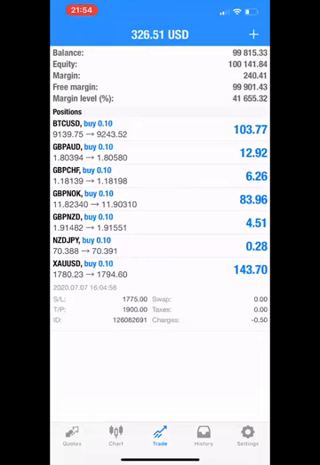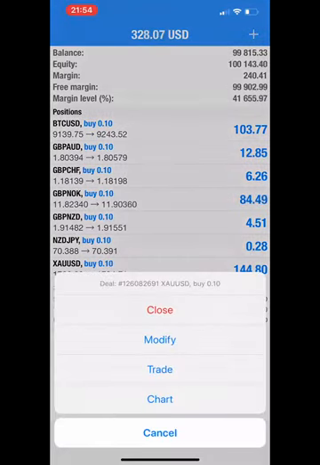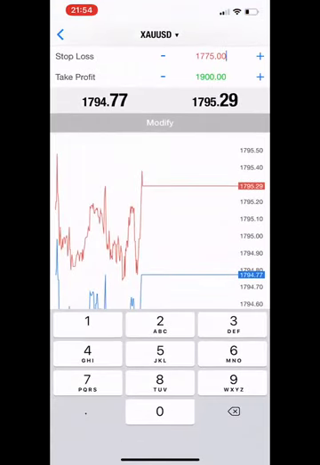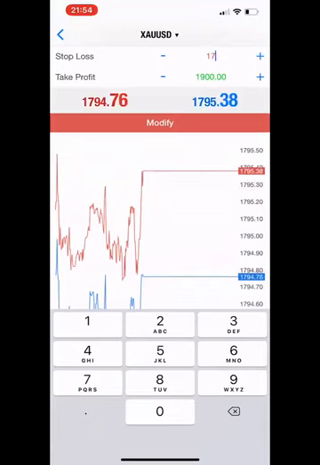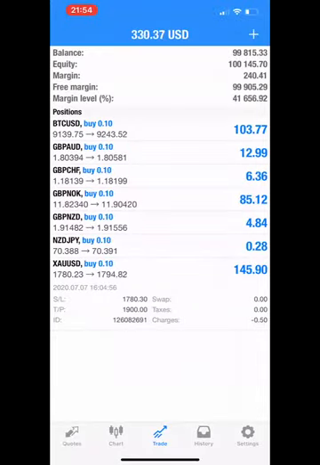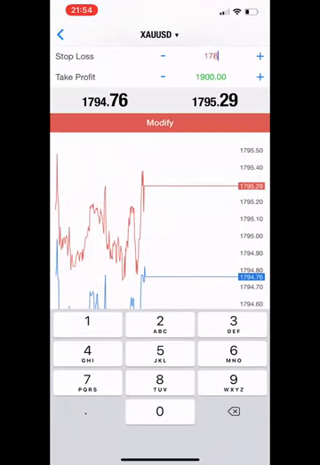So this is what we're going to do. We're going to click on modify. And then we're going to change and delete our stop loss and put a new stop loss. Once again, I click modify. My original stop loss was 1775.